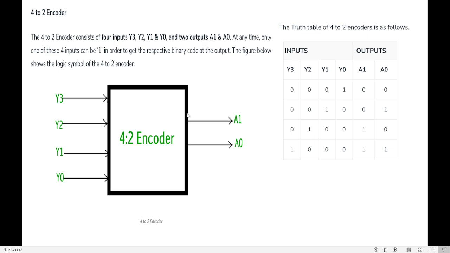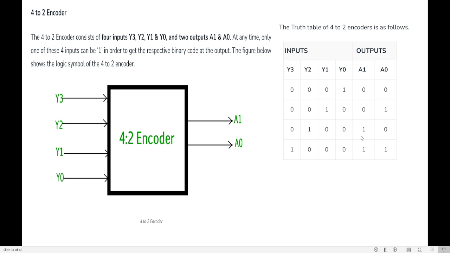At any point of time, only one input will be 1, the rest all will be zeros. In the first instance, Y0 is 1, the rest are zeros. In the second instance, Y1 is 1, the rest are zeros. In the third instance, Y2 is 1, and in the fourth instance, Y3 is 1, the rest are zeros.